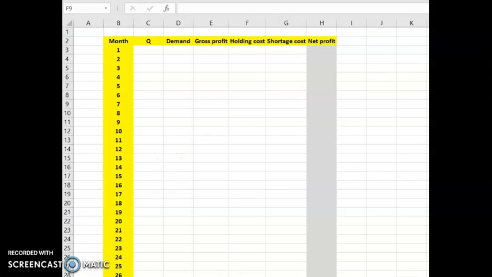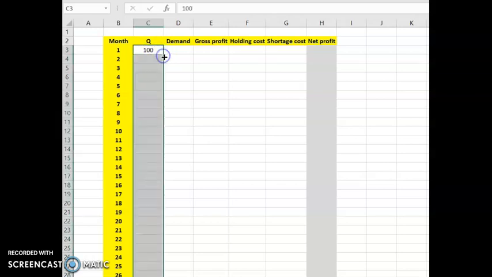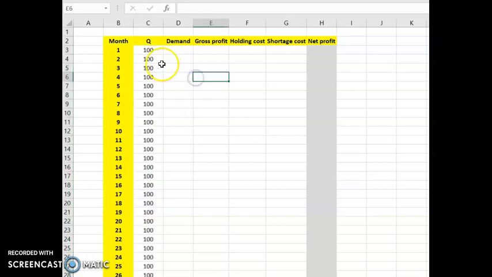Okay, so as you noticed in activity 1, it says do the simulation if Q equals 100. So we put 100 here, and we double click, we populate it like this. Of course, there are other ways to do these things.